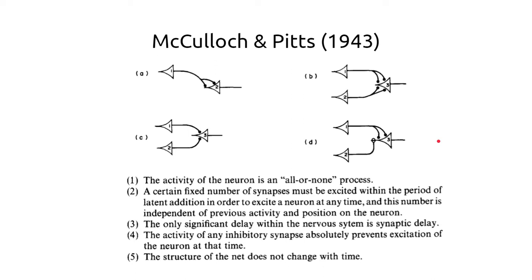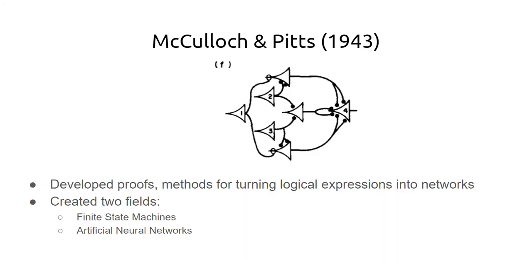In this paper, they lay out a mechanism for taking any logic expression and turning it into a complicated network that'll do whatever you want. Read the paper if you want to know what this particular thing does. But those are the sorts of diagrams that they build up.